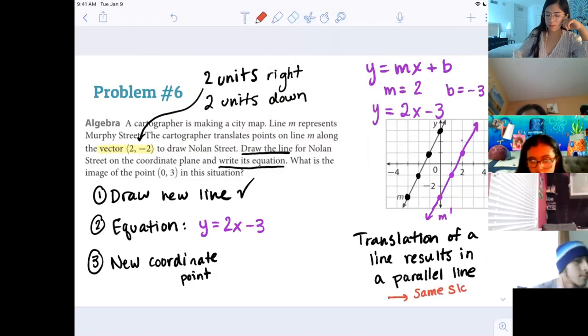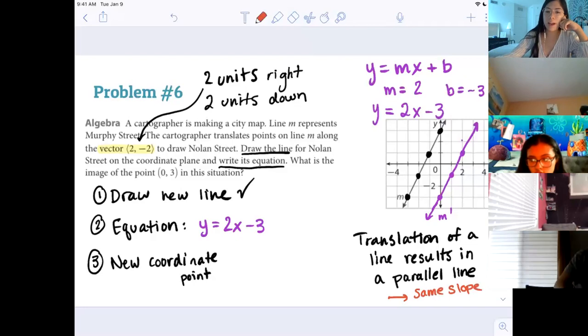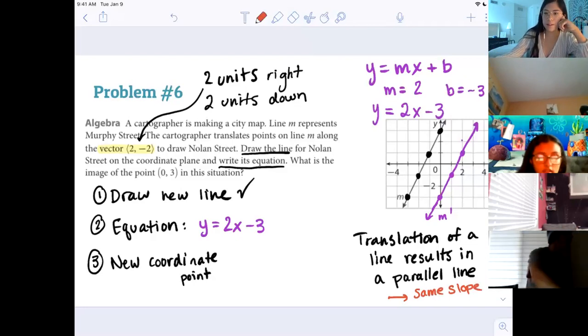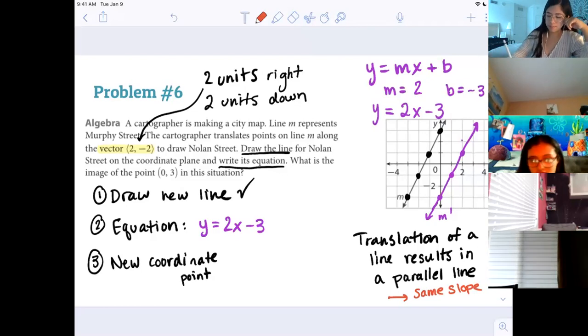Do the purple line and the black line have the same y-intercept or a different one? Different. So same slope, different b. With parallel lines, they have the same slope but a different y-intercept.